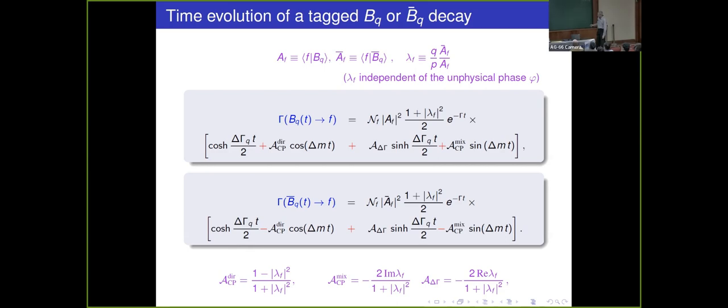And if you want to see direct CP violation, the value of lambda f should have a magnitude which is not the same as 1. Okay. So all of these measurements finally lead you to measurement of one quantity called lambda f, assuming the decay is simple. Okay, decays are not always as simple as that, but that's something that one has to keep in mind.